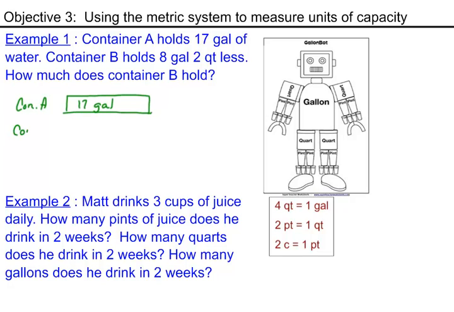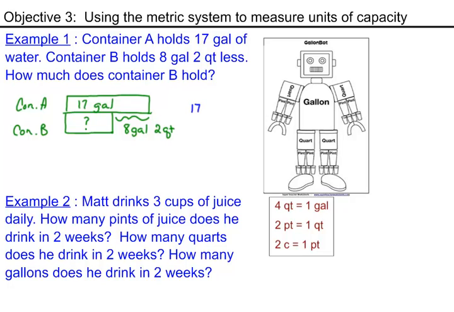Then we have container B, which we don't know how much it holds, but we do know that it holds 8 gallons, 2 quarts less. So once again, it's a simple subtraction problem by looking at the picture.